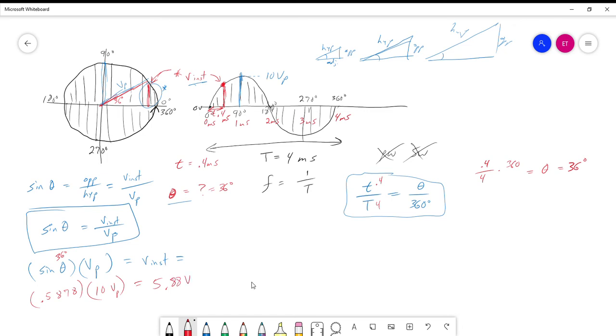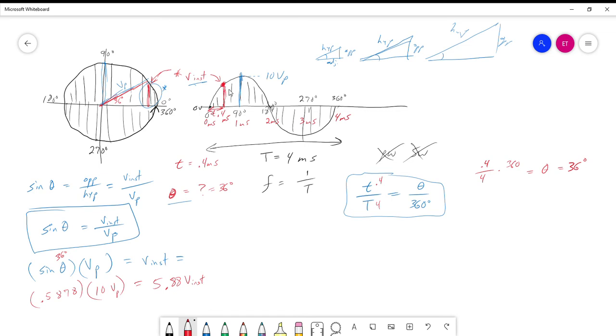Now, being in the AC course, it's not clear enough to just put volts. I have to remember to always include the subscript. Is it 5.88 volts peak, or peak to peak, or average, or RMS, or instantaneous? This is an instantaneous voltage for 36 degrees.